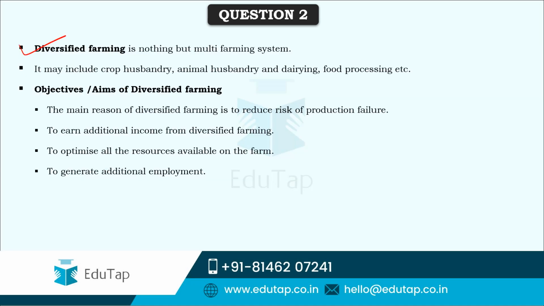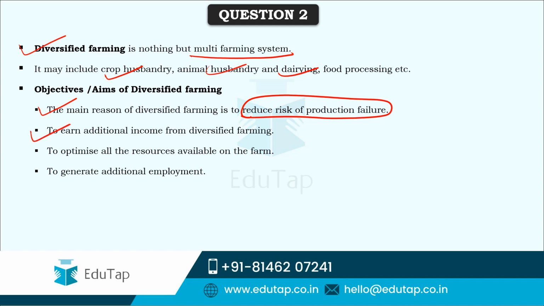And this is nothing but a multi-farming system. That is, it may include crop husbandry, along with that animal husbandry, dairying, food processing, etc. And what are the main objectives? The main reason for diversified farming is to reduce the risk of production failure. Even if one crop enterprise fails, then at least there would be some supplemental or additional income from the other farm enterprises.